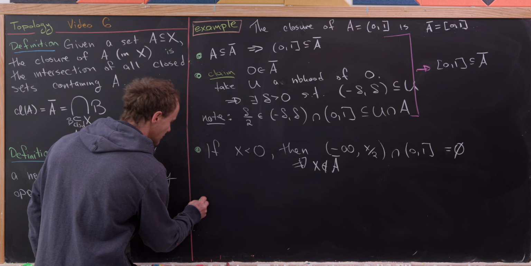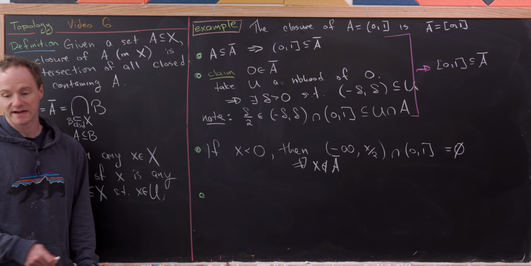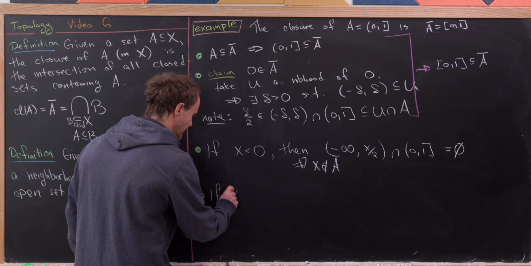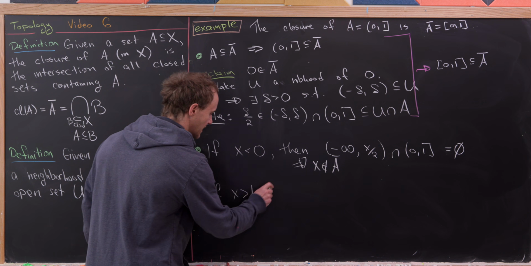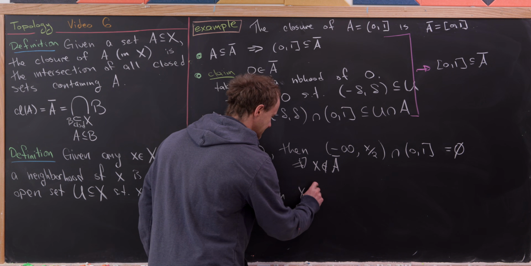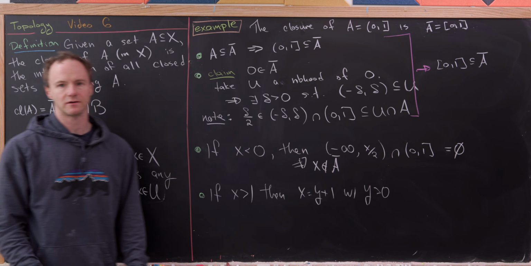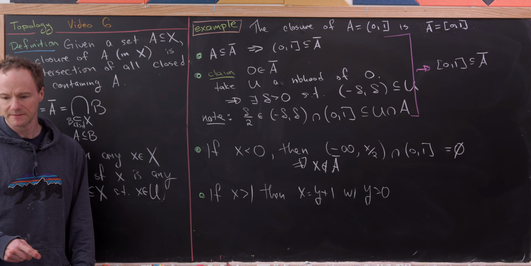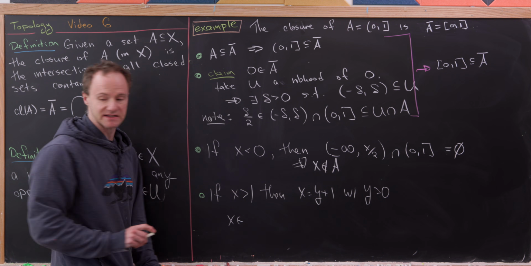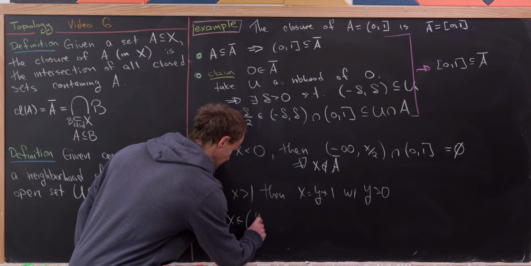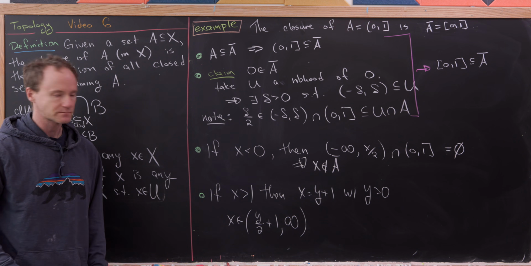And then I guess we could do something really, really similar for the things to the right of 1. So if x is to the right of 1, in other words, it's bigger than 1, then that means that x is equal to y plus 1 with y bigger than 0. That's straightforward to see. But then let's observe the following, and that is that x is in the following interval, and that is y over 2 plus 1 to infinity.